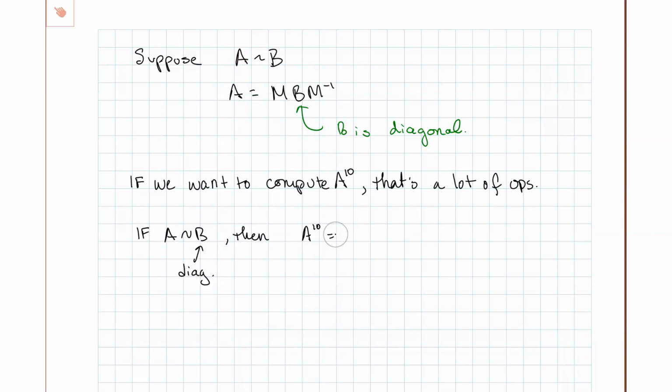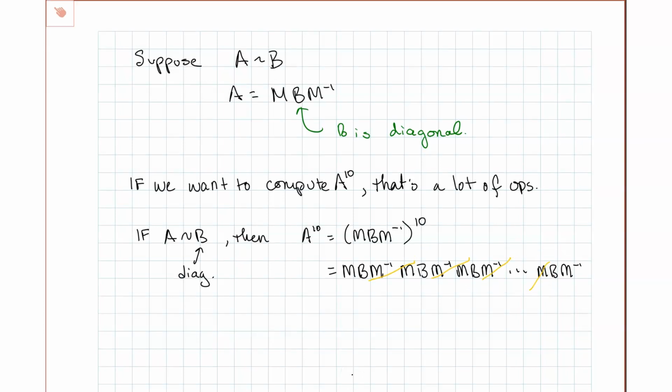Because if we write out those powers of A using the decomposition into M, B, M inverse, this is what happens. And you can see that all along this big product where we multiply M, B, M inverse by itself over and over again 10 times, we have all of these instances of M inverse being next to an M, and so they cancel each other out.